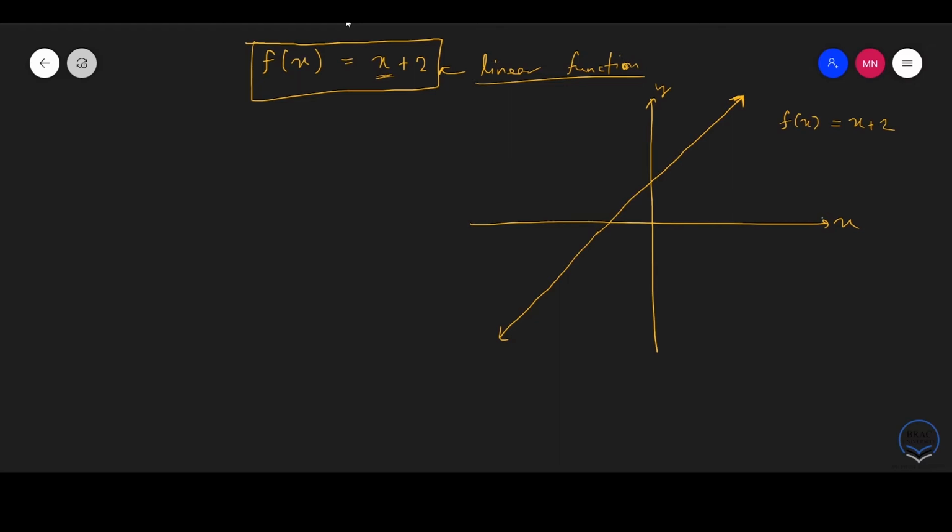As x increases, our values of y increase and this line continues to carry on. And similarly, the same thing happens in the negative x direction. As our values of x become more and more negative, our outputs become more and more negative, and this line continues in the negative infinity direction. So this point would be 0, 2, and this would be minus 2, 0. So this will be the graph of a linear function such as this.